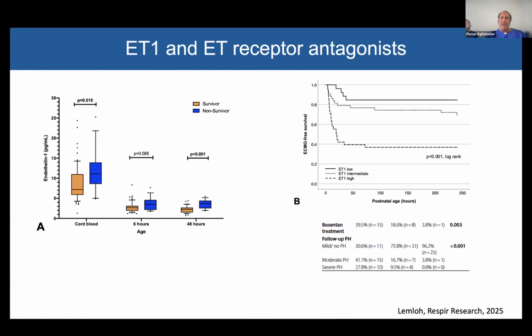And in the matter of time, I will briefly go through this. Endothelin one has been described in the past as being associated with worse outcome in CDH. Also a study from my former institution where we saw that in non-surviving CDH babies, we have at certain time points after birth increased values, and these increased values were associated with pulmonary hypertension at birth, but also with pulmonary hypertension after 14 days.